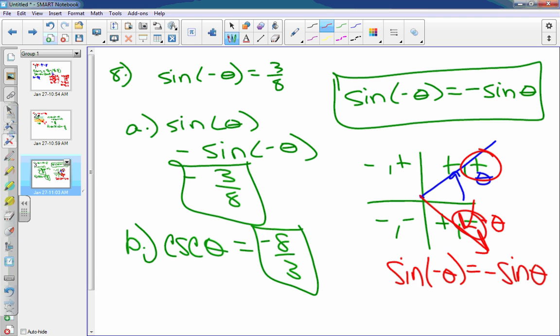Well, it told you that the sine of negative theta was equal to 3/8. It doesn't matter which quadrant you're in. It matters about the fact that you're applying this right here. Okay? Does that make sense? Because right here, it's going to tell me that in order for my negative theta to be positive, I have to be in quadrant 2 or 3. I'm sorry, 1 or 2. You with me? I pointed to them, but I didn't say it correctly. Yep. Okay? Do we understand that?